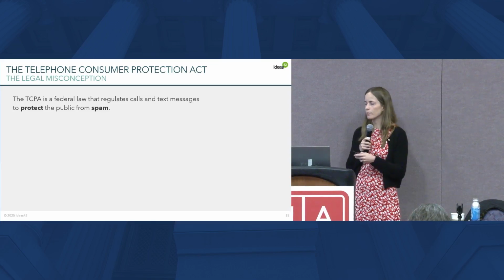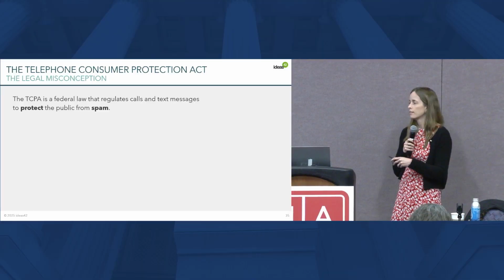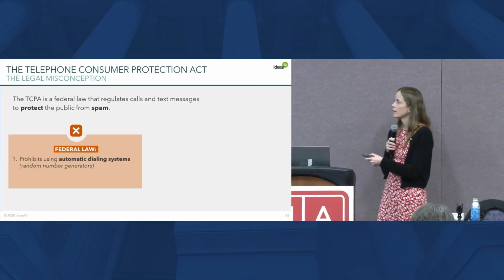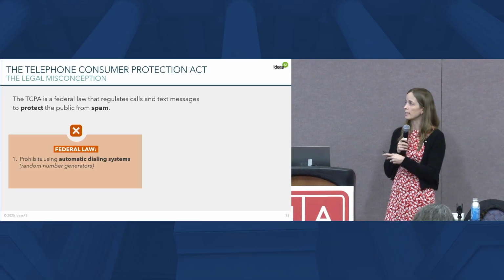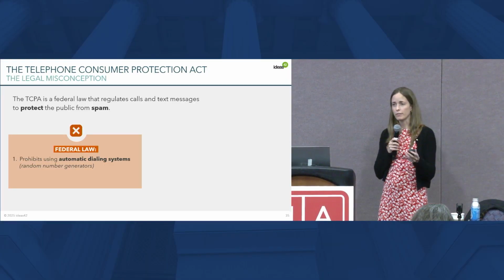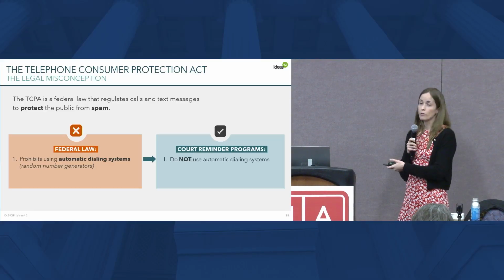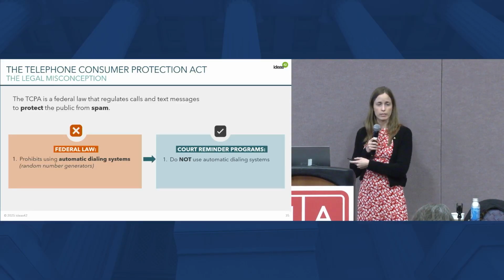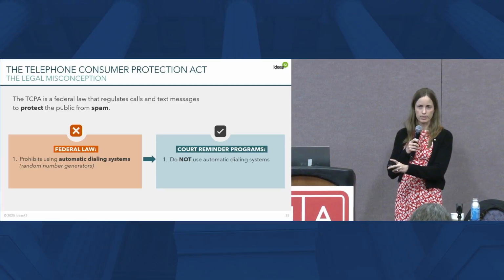The good news is we don't think that the TCPA applies to court text messages, and there's a couple reasons for that. So first, the TCPA prohibits calls made with automatic dialing systems or random number generators. You might have heard these known as robocalls. But courts don't send text messages using those tools. They are sent to known numbers that are associated with specific individuals.